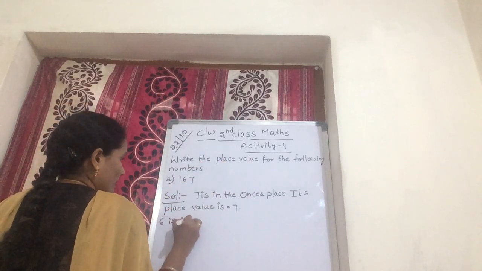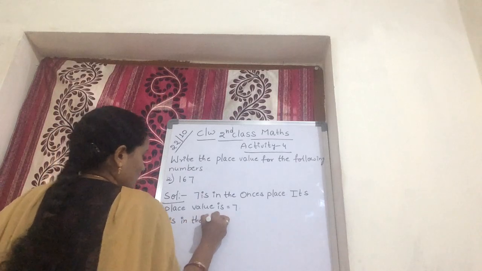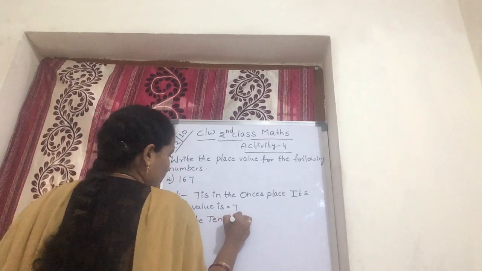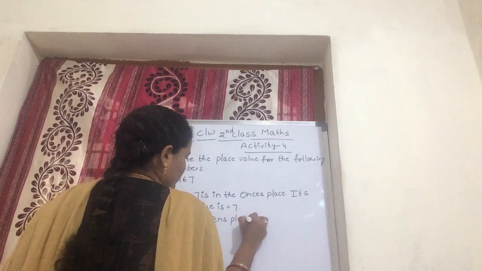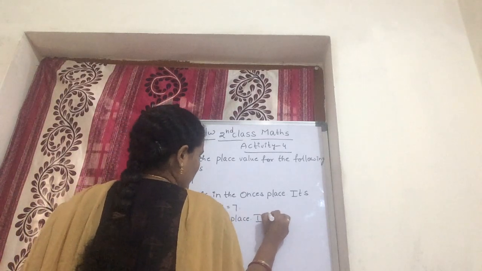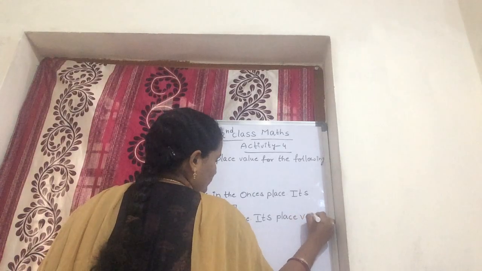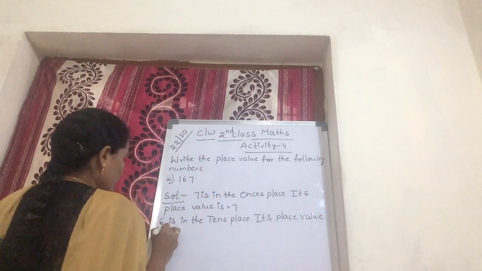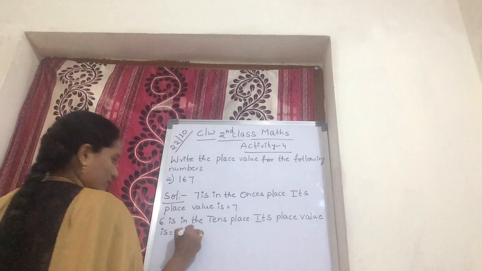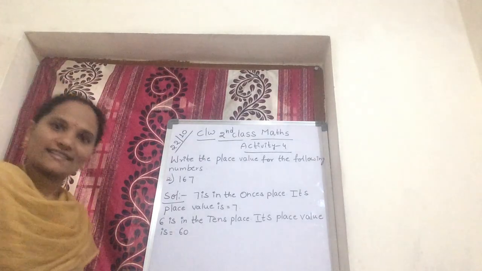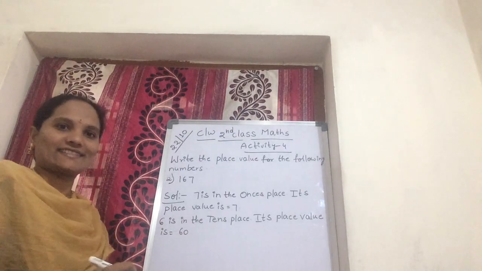Next one, number 6. 6 is in the tens place. What is the place value for 6? 60. So you write 60.